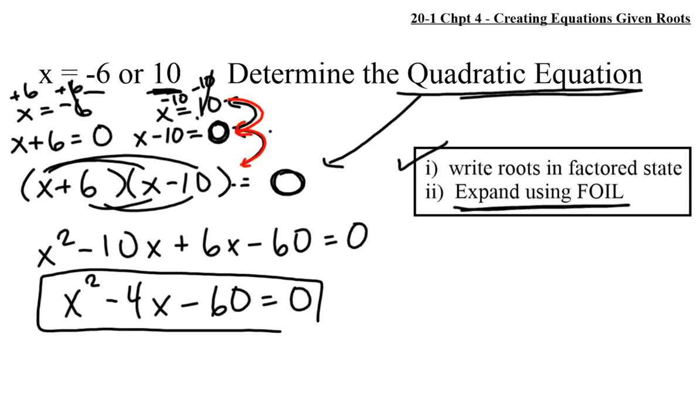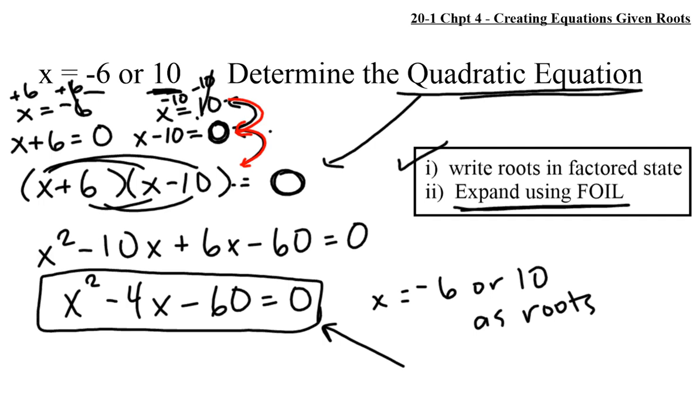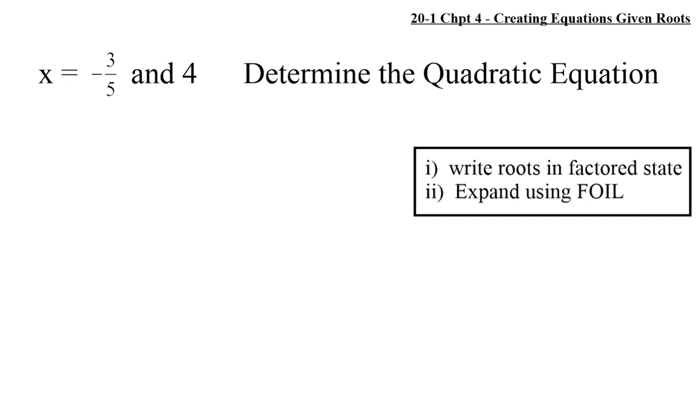There's the quadratic equation that will have x equal to negative 6 or 10 as roots. There you go. So, as long as you understand the process, it's not too bad.